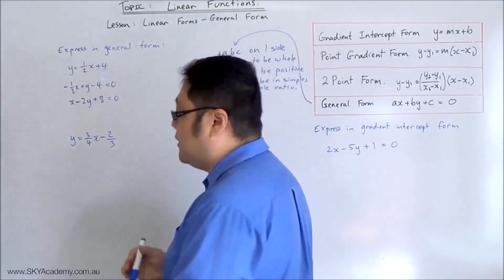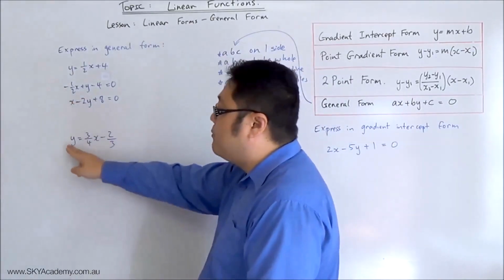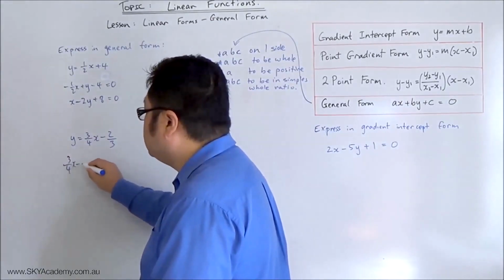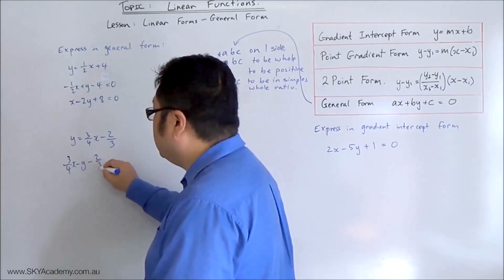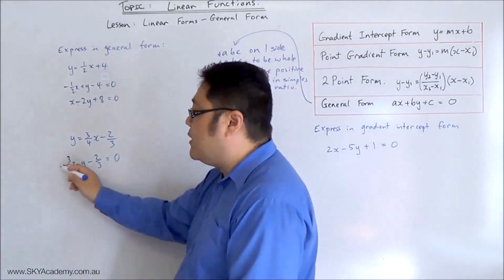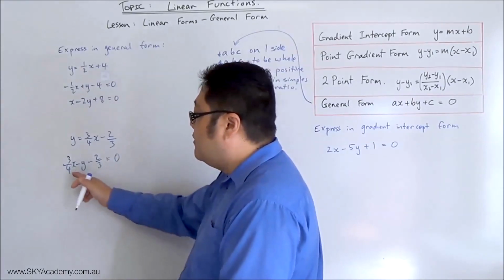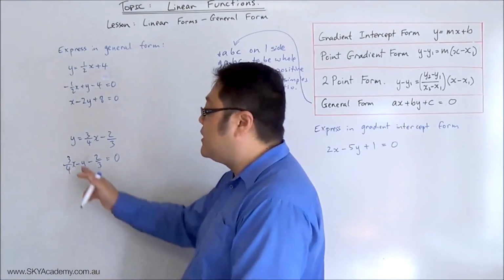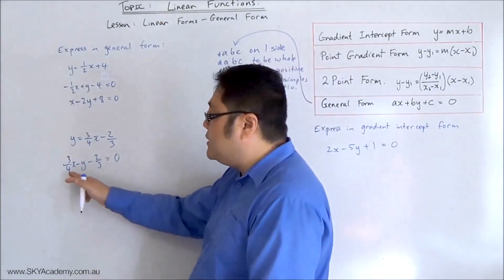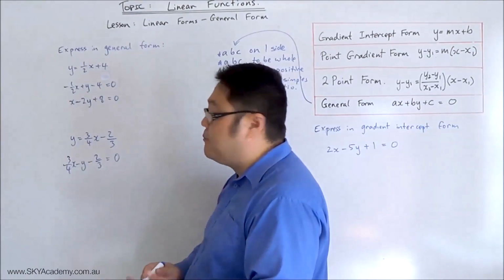Let's have a look at this question here. We need to do the same thing. We can bring the y over to the right-hand side, and so we've got 3/4 x minus y minus 2/3 equals 0. Now, is the coefficient of x positive? Yes, it is, so we don't have to multiply it by a negative number. But let's work out what we need to multiply everything by to bring everything into whole numbers.